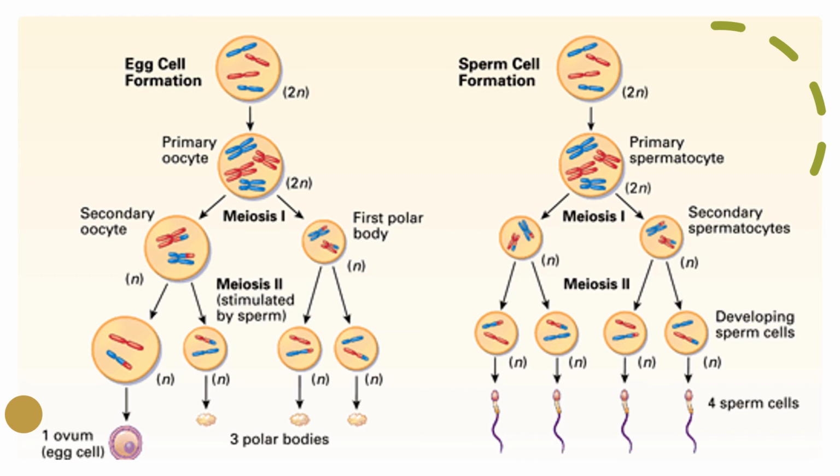So this is the comparison of how the egg and the sperm formation look like. From what I have explained earlier, for the egg formation, only one egg will be viable, and the other three of the produced cells would be polar bodies, and for the sperm cell, all four of the developed cells can be viable for fertilization.